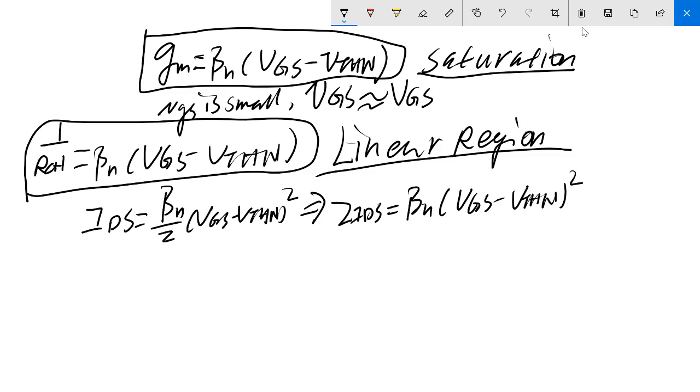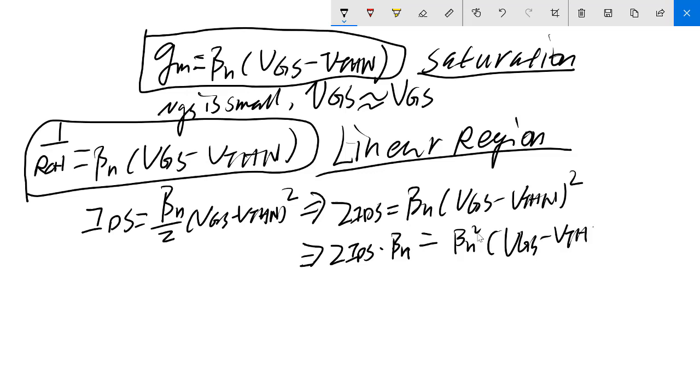Then if we multiply beta n on both sides, we get 2 IDS times beta n equals beta n squared (VGS minus VTHN) squared.